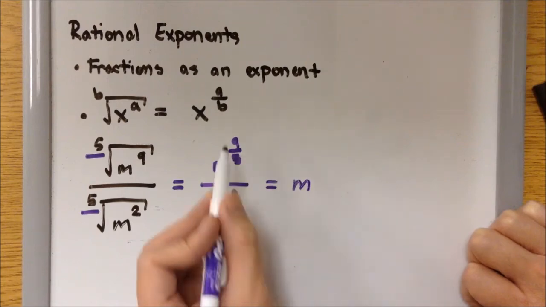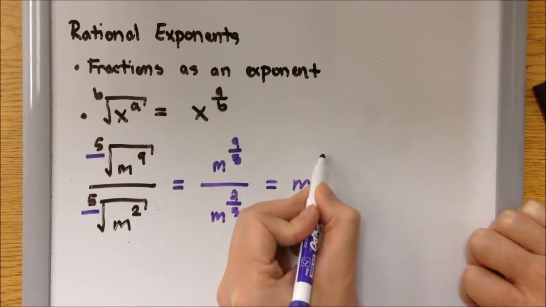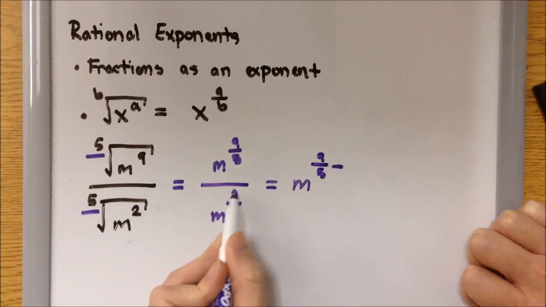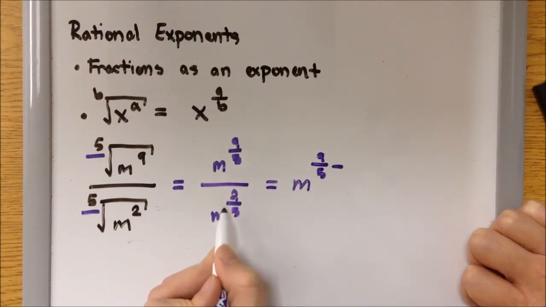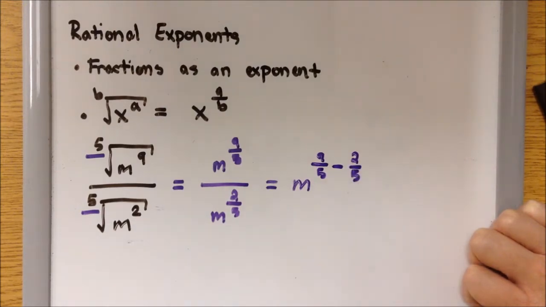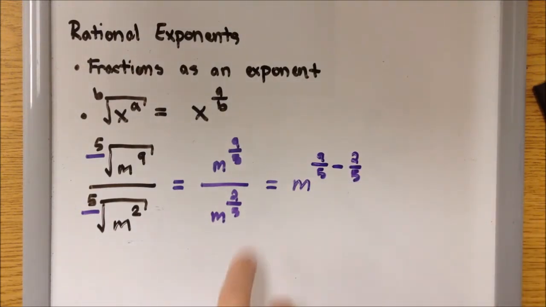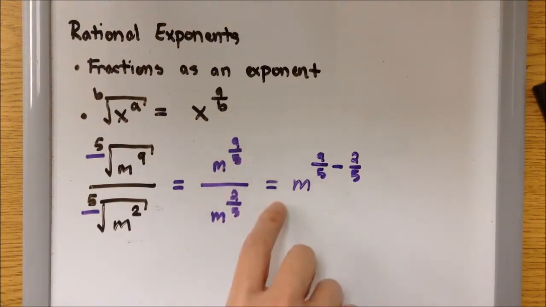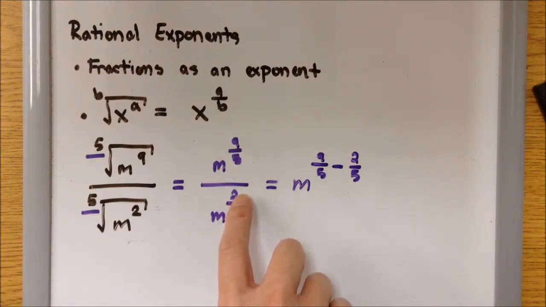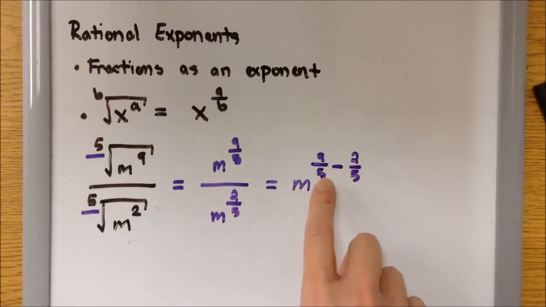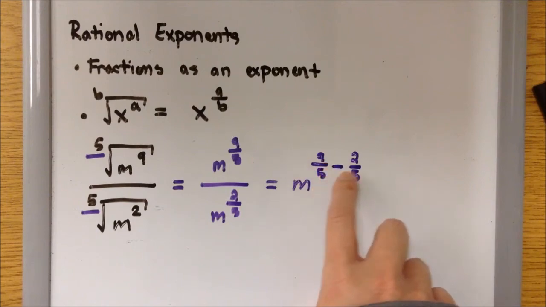So we're going to write the top exponent first, so 9 over 5, minus what's the exponent in your denominator, so 2 over 5. So when we have m to the power of 9/5 over m to the power of 2/5, we're going to rewrite it as m to the power of 9 over 5 minus 2 over 5.